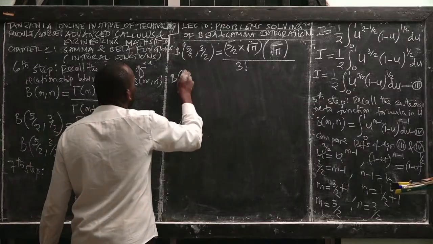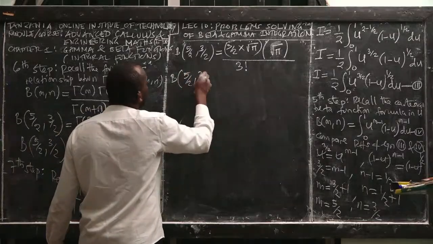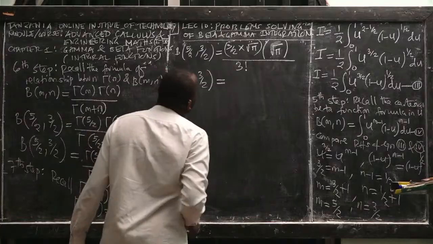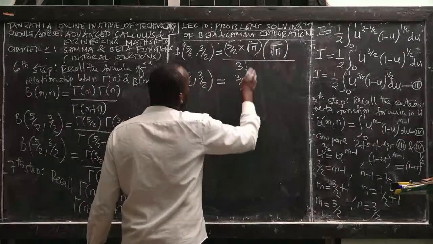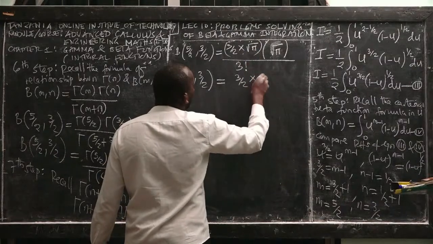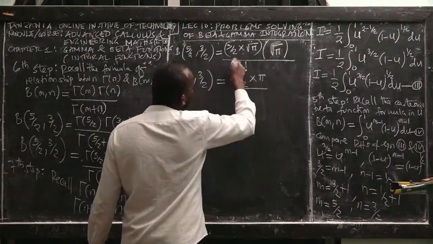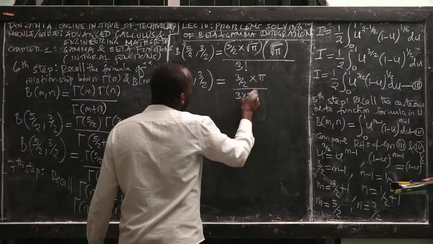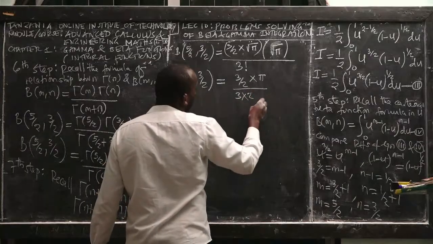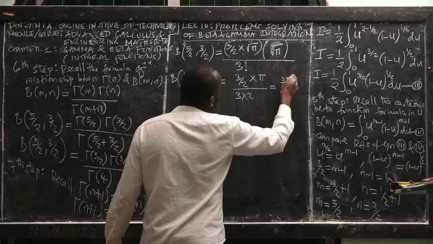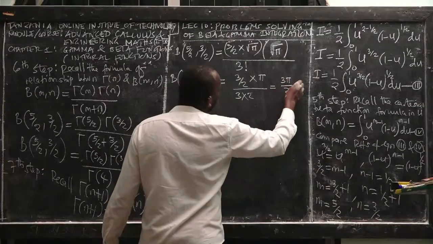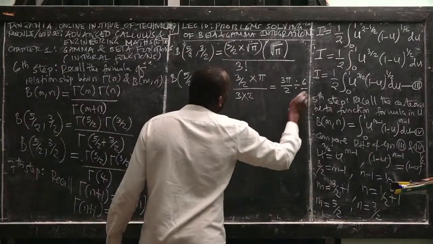So, dear students, beta of 5/2, 3/2, this is equal to what? This is equal to 3/2 multiplied by pi, divided by 3 multiplied by 2 by 1, so divided by 6. So this is equal to 3 pi over 2 divided by 6.